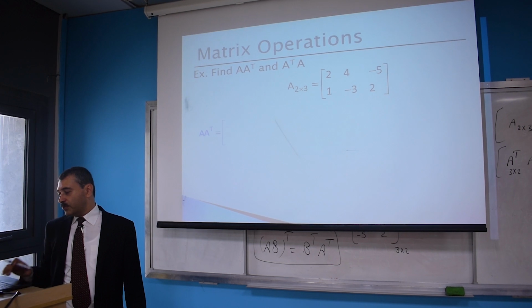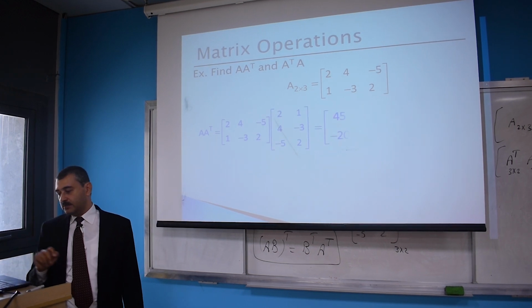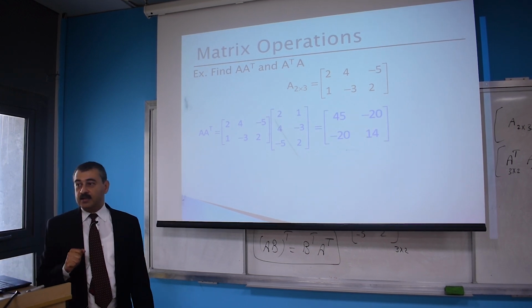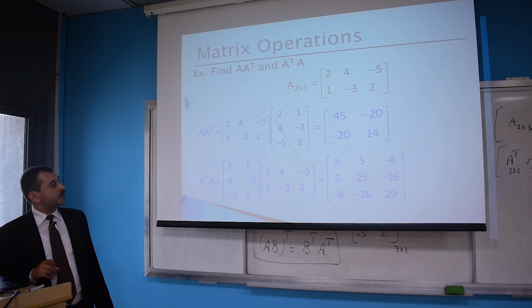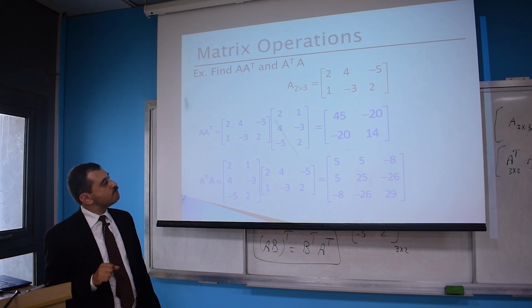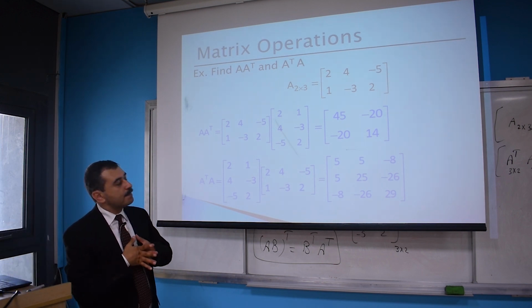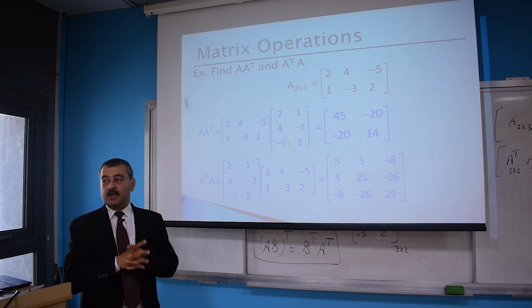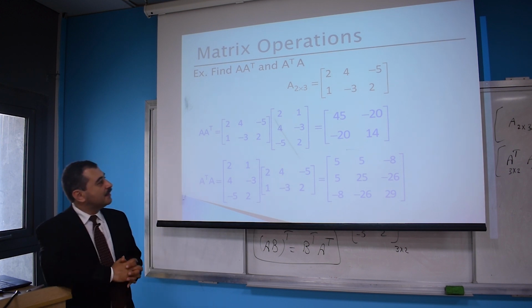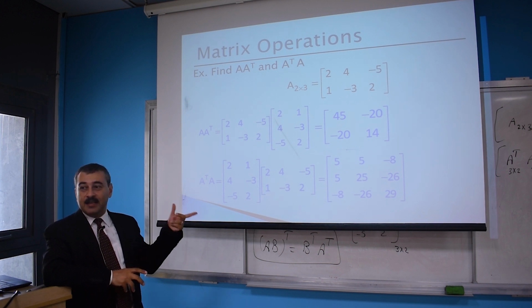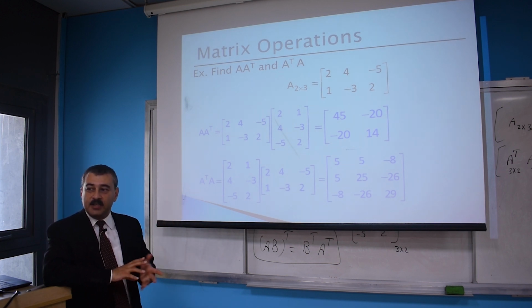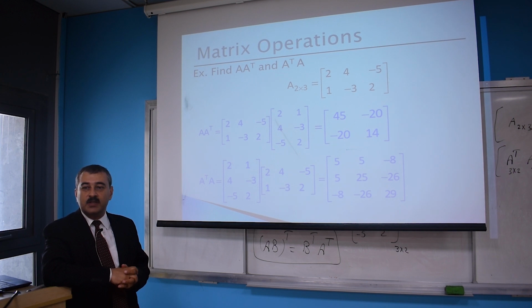If you try to do the multiplication, did you get this answer for A A transpose? This guy for A transpose A. Right? Did you notice anything about the result of these guys, A transpose A and A A transpose?